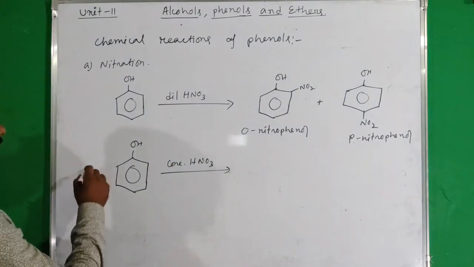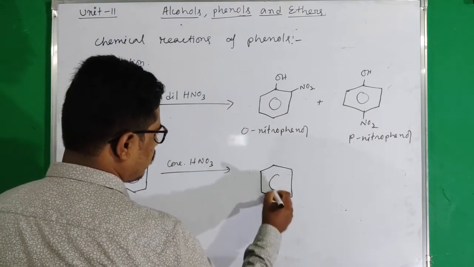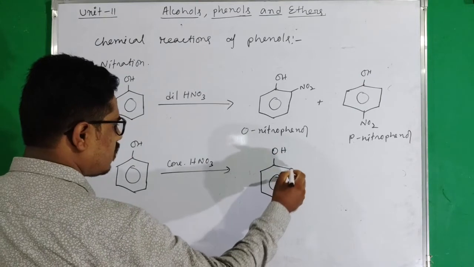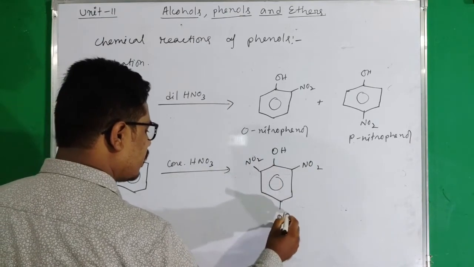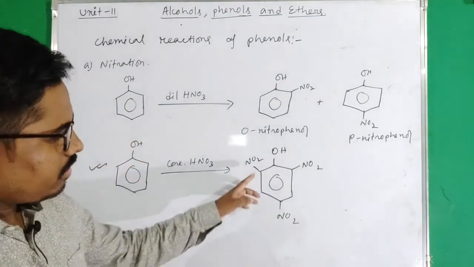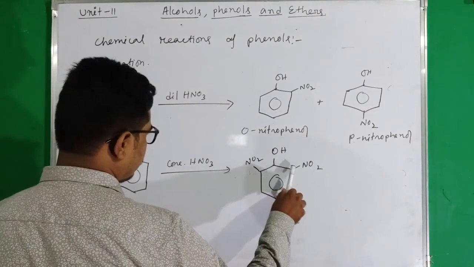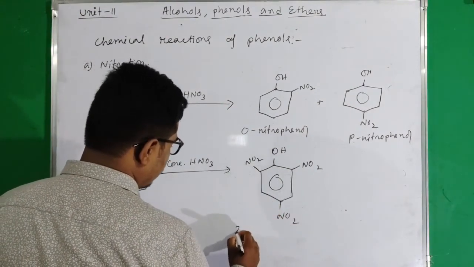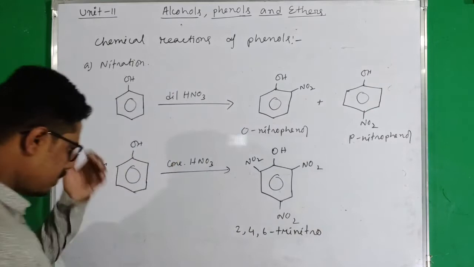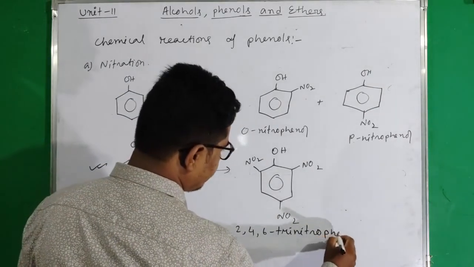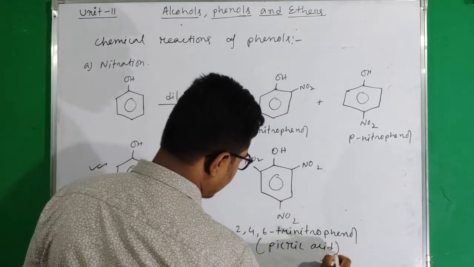Okay, but when concentrated nitric acid is used, then three nitro groups will attach to the aromatic ring, and they will attach at the ortho positions and para position, and this compound is known as 2,4,6-trinitro, 3 nitro groups are present, trinitrophenol or picric acid.